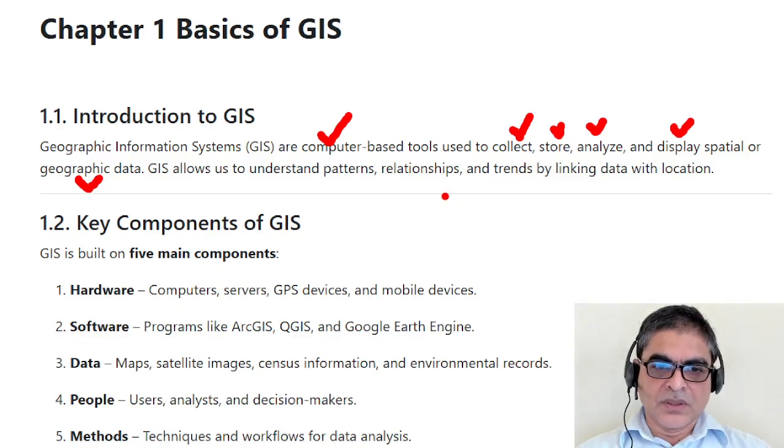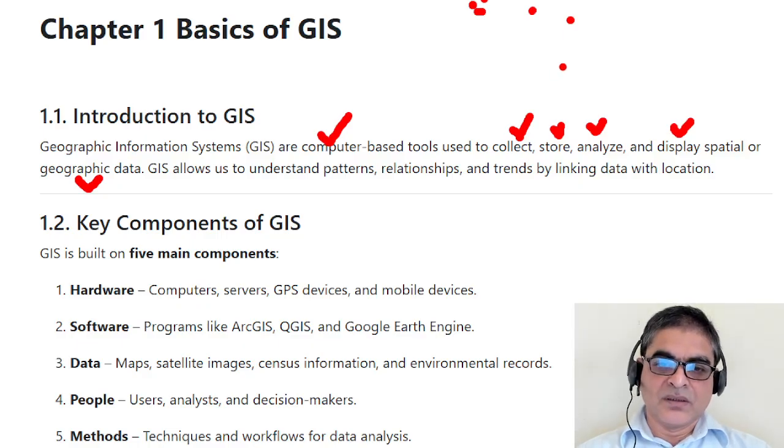It allows us to understand what pattern is there. The pattern may be clustered, like a few things are clustered here and a few things are dispersed here. So it gives us the sense of where the problem is more and where the problem is less, whether the pattern is clustered, random, or dispersed.